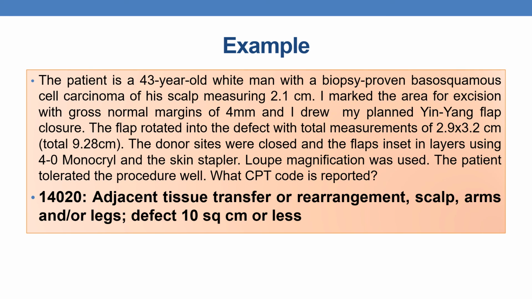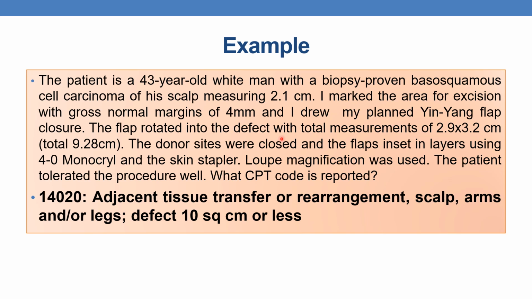Now let us discuss an example. A patient is a 43-year-old white male with biopsy proven basosquamous cell carcinoma of his scalp. Here the location is scalp measuring 2.1 centimeters. I marked the area for excision with gross margins of 4 mm and I drew my planned Y-plasty flap closure.